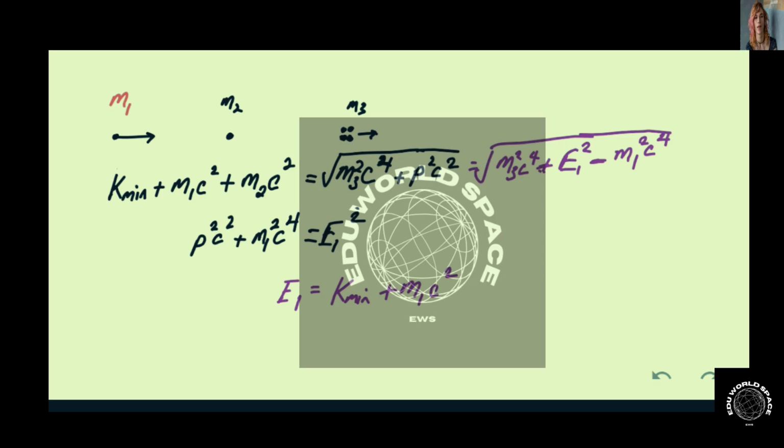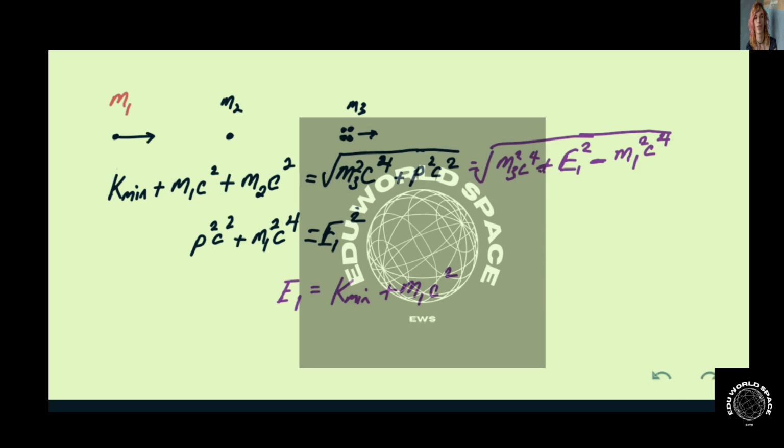Very simple. We can then substitute this in and simplify this equation. This plus this is equal to this, and we can simplify that by squaring both sides to get rid of the square root.